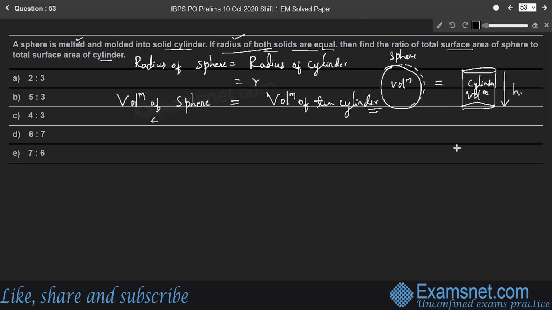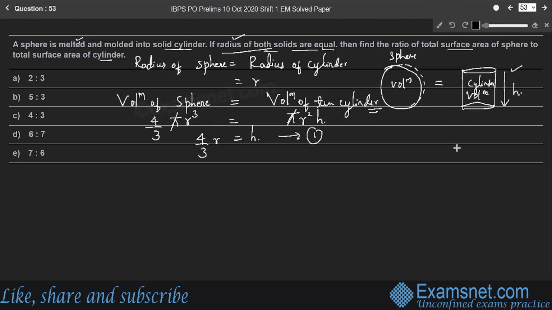By the formula it is 4/3 πr³, equal to the volume of the cylinder. What is the formula for the volume of the cylinder? It is πr²h. Since the cylinder has a certain height, its volume depends on its height also. So 4/3 πr³ = πr²h. We can cancel π and r². So 4/3 r = h. Right? Therefore, h is 4/3 r.